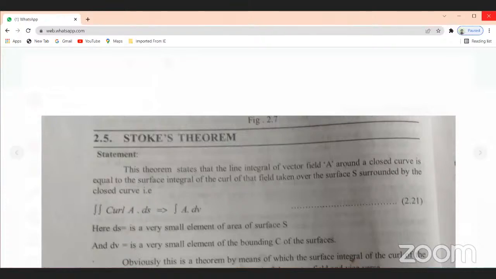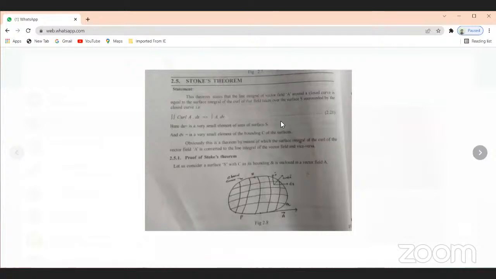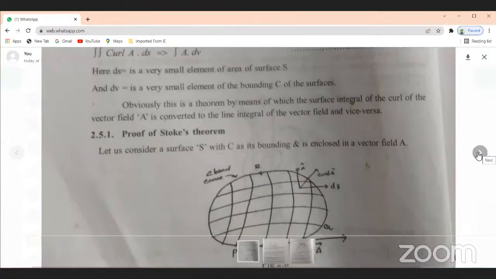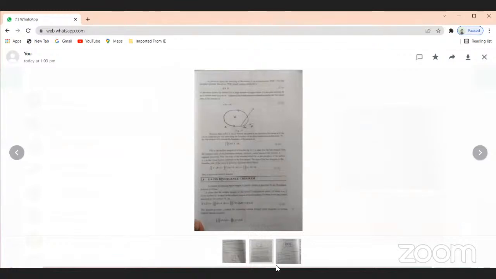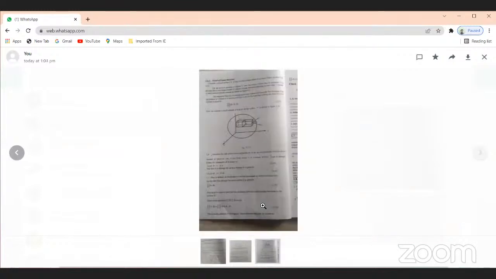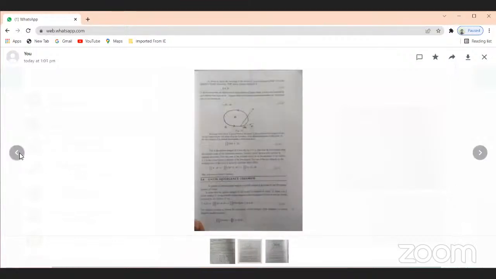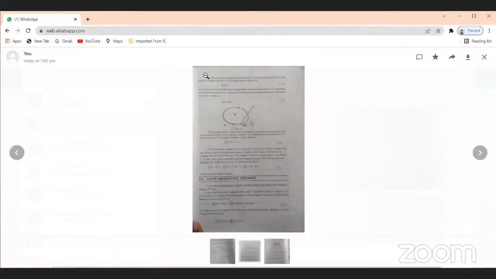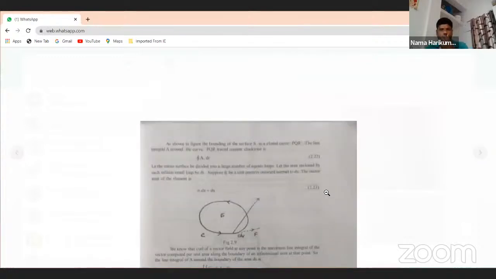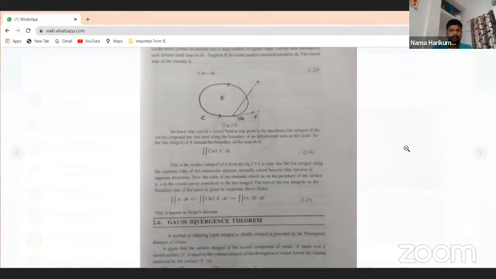Okay, have a look at the Gauss divergence theorem.